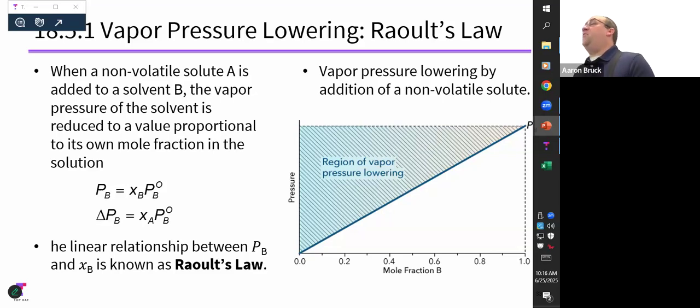And the primary reason for this vapor pressure lowering is the increase of intermolecular forces. As we add more intermolecular forces, that solvent is less likely to evaporate because it has other things that are pulling on it and keeping it in the solution.